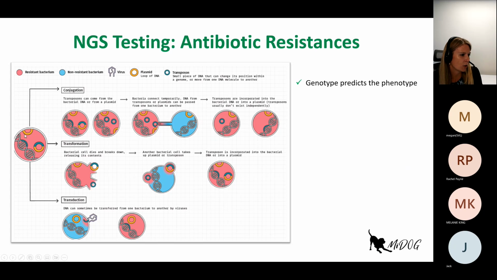If this bacterium is close to another bacterium that is not resistant at this time, they can share the antimicrobial resistance by conjugation. They form what's called a sex pilus, which is a physical connection between those two bacteria, forming like a tunnel where they can pass on the genetic information from cell A to cell B, and afterwards both of them are carrying the resistance.